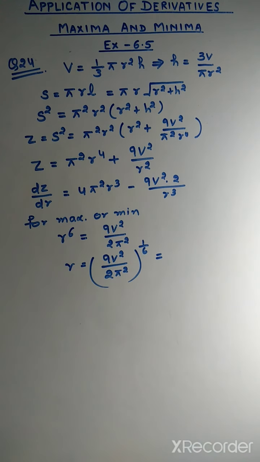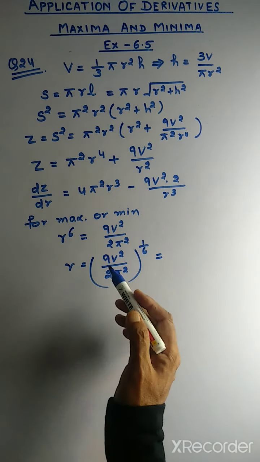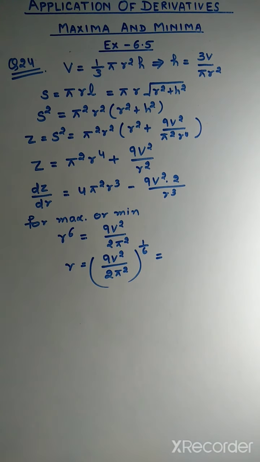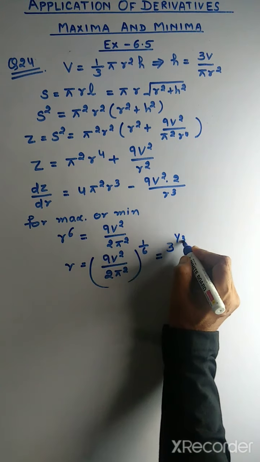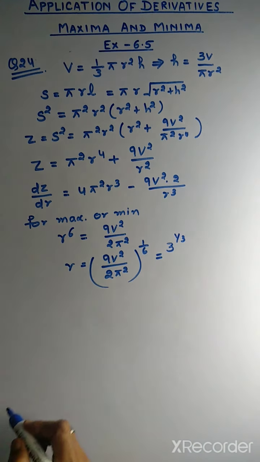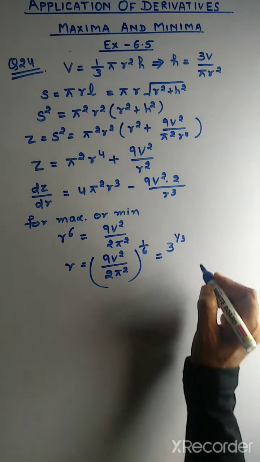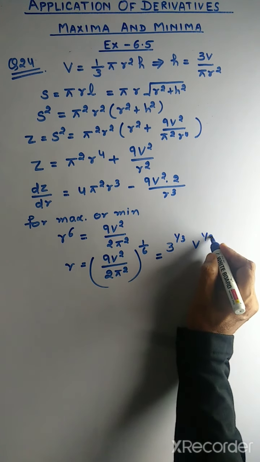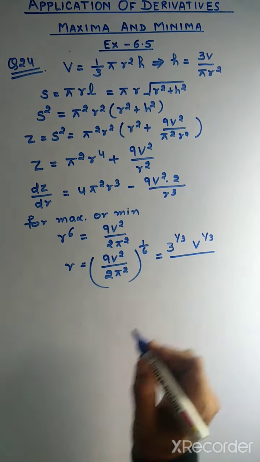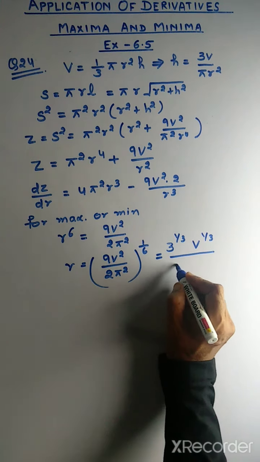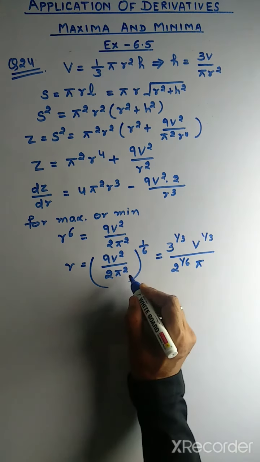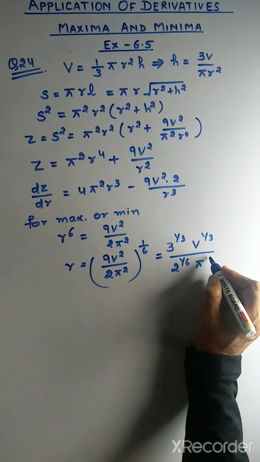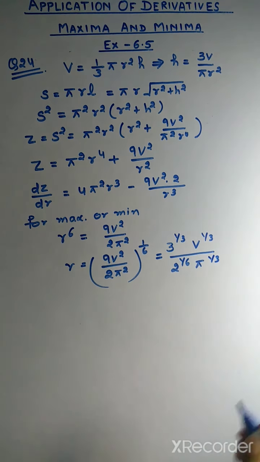3 square into 1 by 6 will be 3 raised to the power 1 by 3. V square into 1 by 6 is v raised to the power 1 by 3 upon 2 raised to the power 1 by 6 into pi raised to the power 2 by 6, that is again 1 by 3.